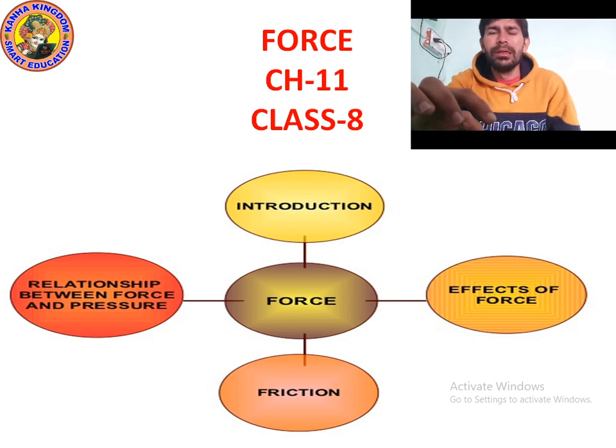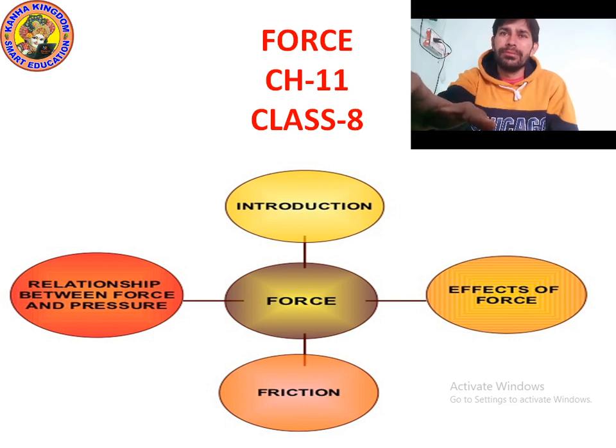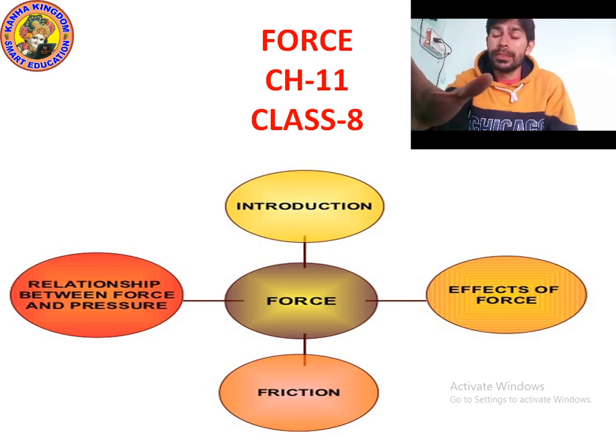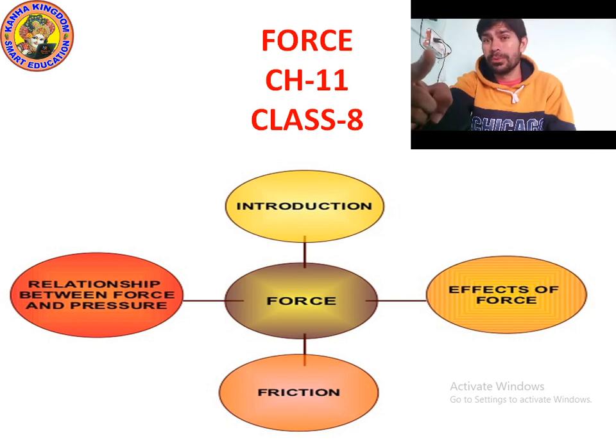Then we will study one more topic, that is pressure. It is a very important topic, and the formula of pressure is also important. You will learn the formula of pressure also.